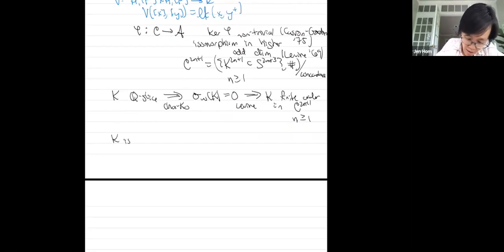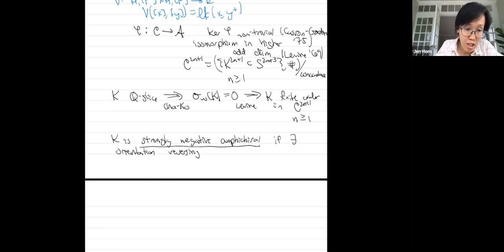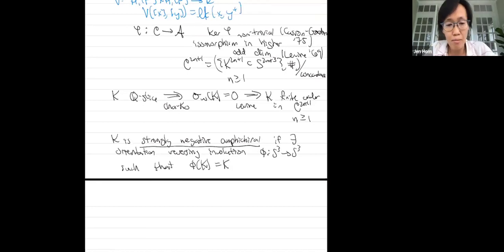We say that a knot K is strongly negatively amphichiral if there exists an orientation-reversing involution phi from S^3 to itself such that phi of K is K. Right, so negative amphichiral means that K is isotopic to the reverse of its mirror image, and strongly negative amphichiral basically means that you can realize that via an involution of S^3.